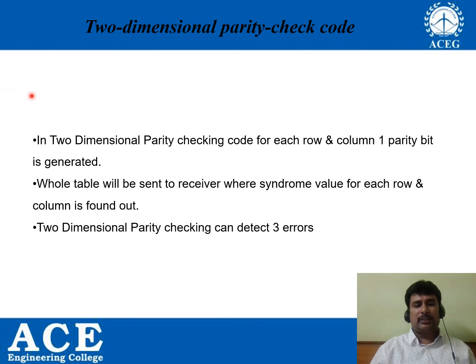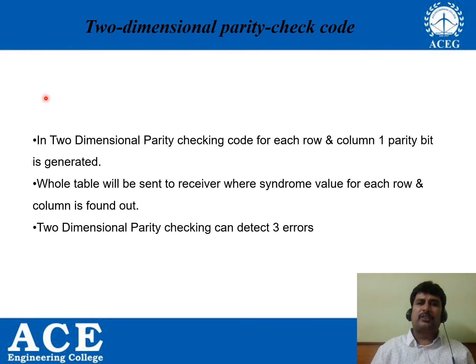So let us quickly give you a glimpse of what we have discussed in today's class. We started with what we mean by error correction and how the encoder and decoder exist for error correction. Then we started talking about different error detection techniques. First, we tried to understand what we mean by Hamming distance, which is nothing but the number of bit positions in which two code words differ.